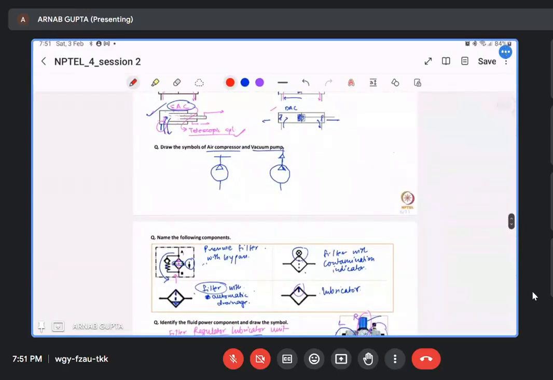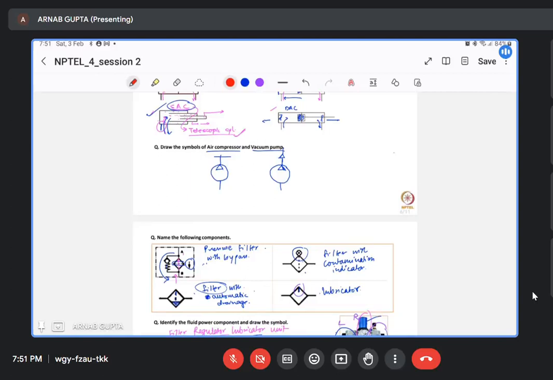A flow divider will divide the flow into two or more sections of the circuit. Suppose you are discharging 5 meter cube per second, I'm just giving a rough value. Now that is to be divided into three sections of the circuit.